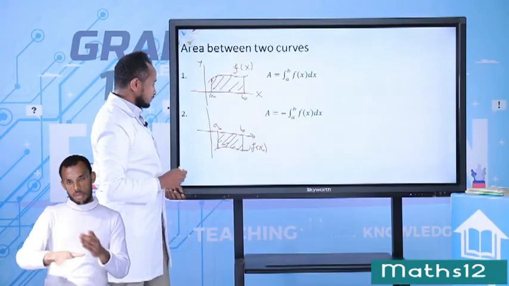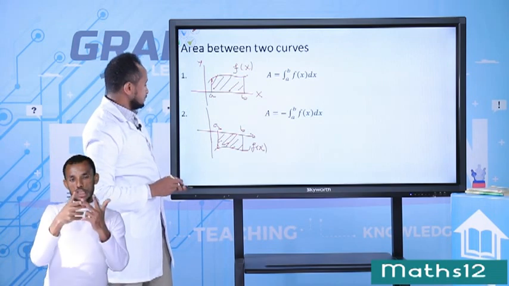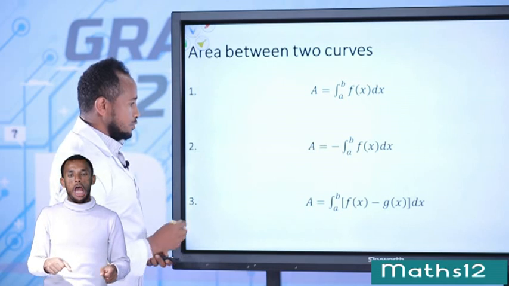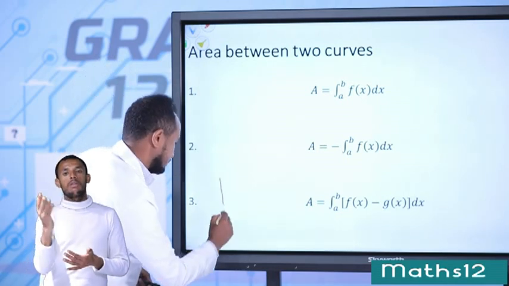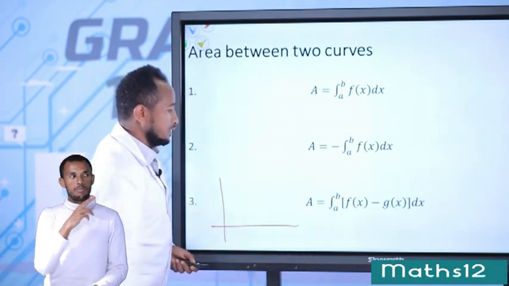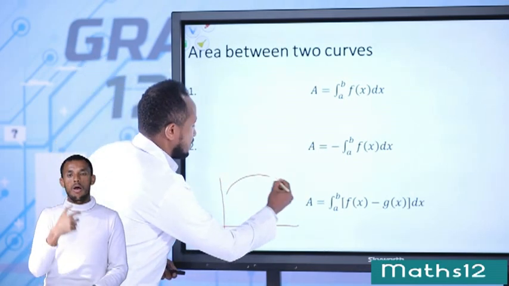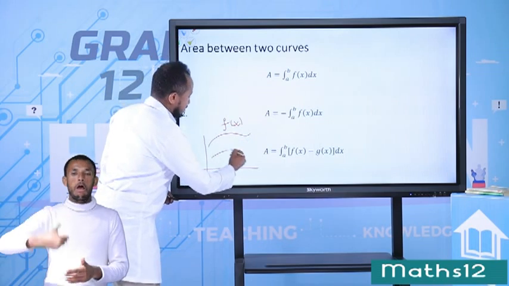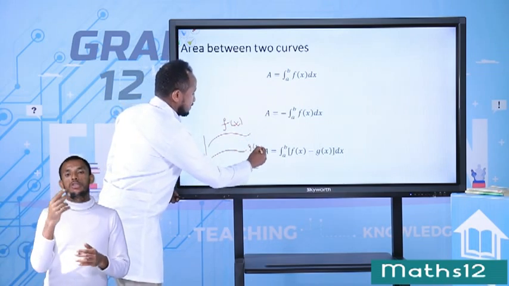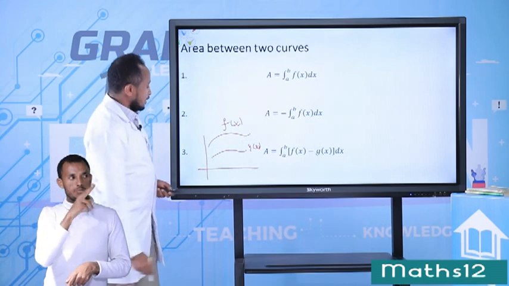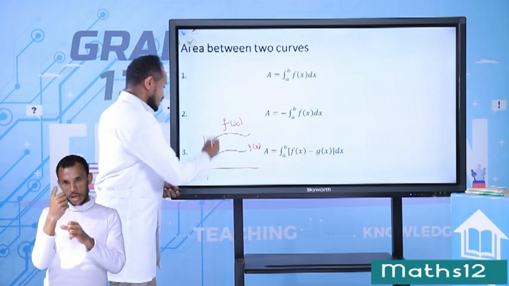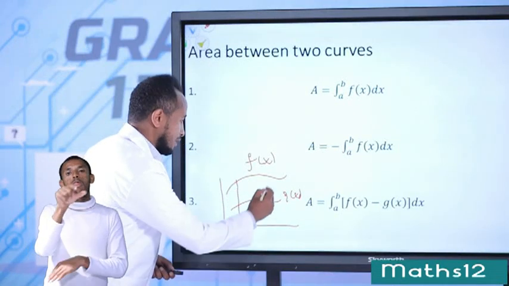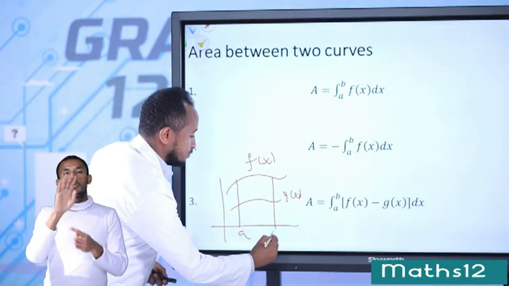Now next, the third one, the area between two curves. Let's see this one. If you have one function here, f of x, and the other function, g of x, if you are asked to calculate the region bounded by these two curves on interval, assume the interval a to b.